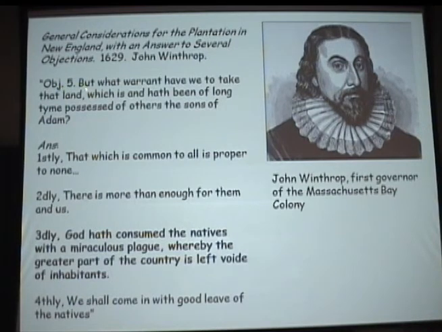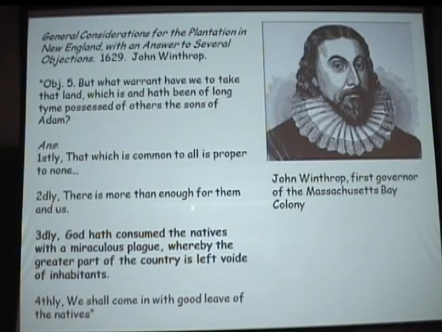And one question is, but what warrant have we to take that land, which is and hath been of long time possessed by others, the sons of Adam? And the answers are, firstly, that which is common to all is proper to none, which means they don't put up fences, they don't file deeds in the county courthouse. Who says it's theirs? That was one argument, right?